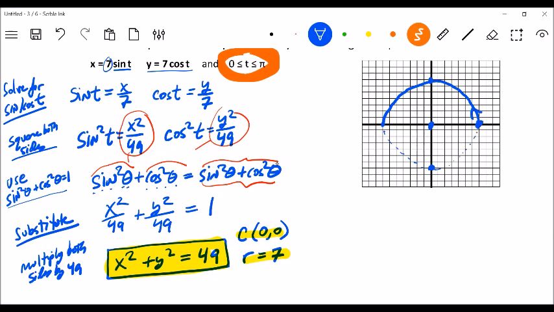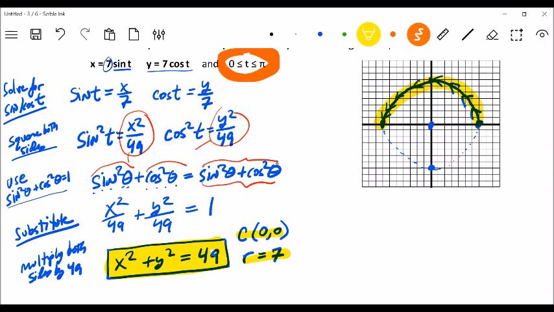So here's the start of it, and it goes in that direction of 0 towards around the half circle, and it stops there. So there's no arrow at the end. It just goes up to there and stops. And I will yellow that in to show that it's only that.